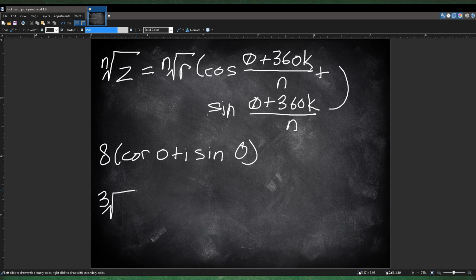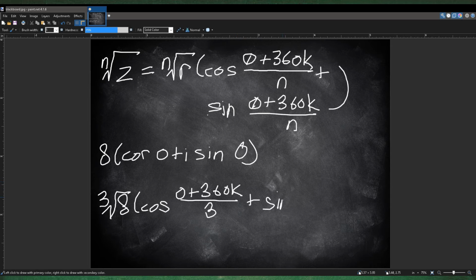So the cube root of 8 is cosine of (0 plus 360 degrees times k) divided by n, which is 3, plus i sine of (0 plus 360k) divided by 3.